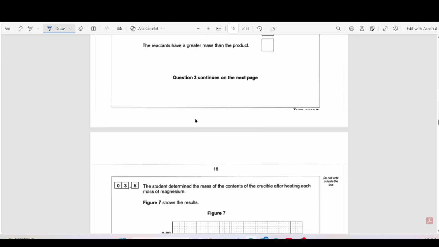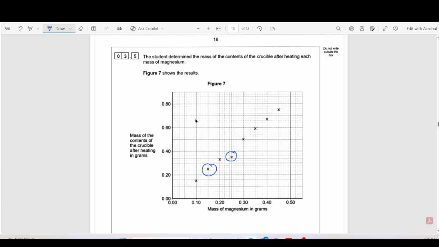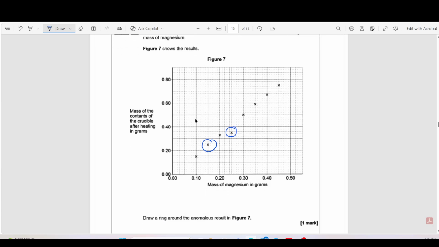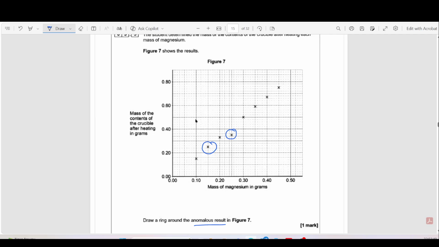now let's go to the next question, which is this. So it is asking to draw a ring around the anomalous result. So as you can see, most of the points on the graph follow a very straight line starting from the origin, right? So what is anomalous?